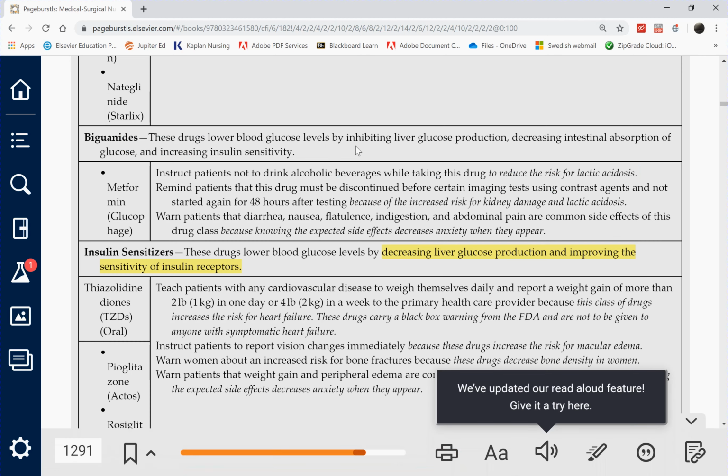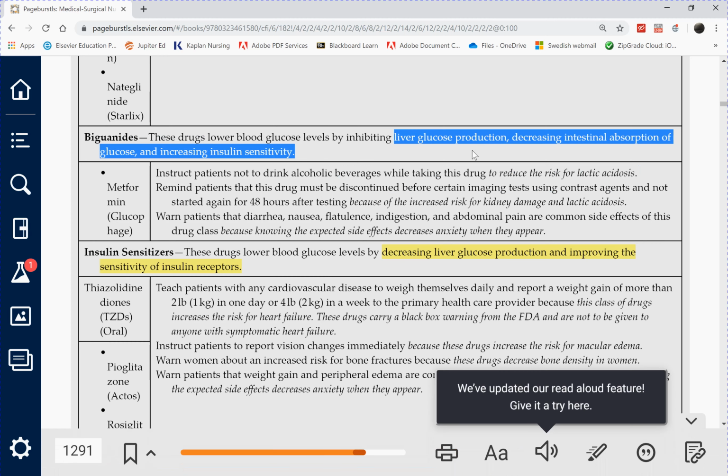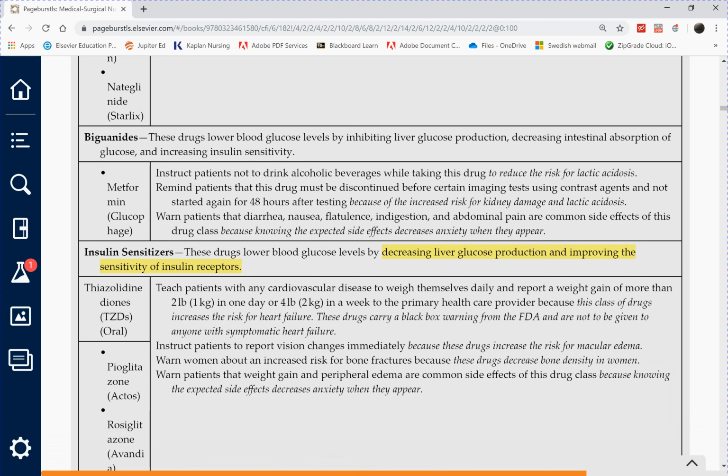So this drug works by inhibiting liver glucose production, decreasing intestinal absorption of glucose, plus increasing insulin sensitivity. So this drug has three actions. But as you can see, there is no hypoglycemia listed as a side effect for this drug.